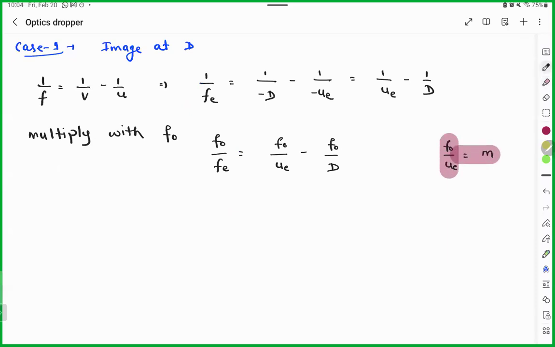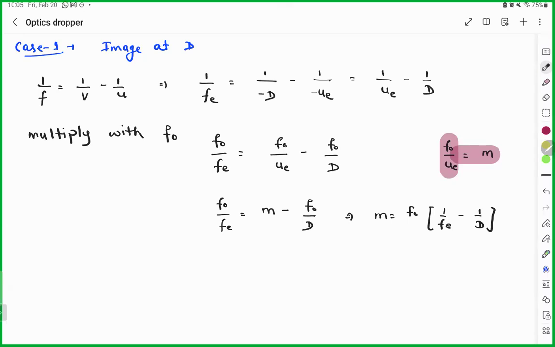In that case, can we say f naught by FE is magnification minus f naught by D? It will go to another side. Magnification is equal to f naught, which is common, times 1 by FE minus 1 by D. Correct?